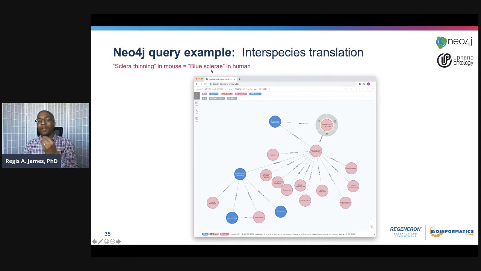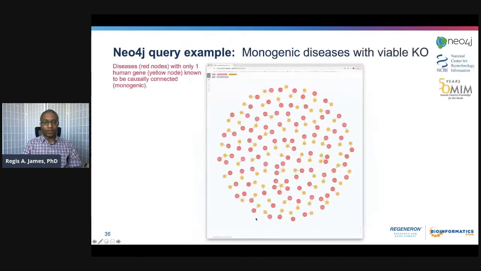So what's seen in human beings suffering from diseases that give them thin sclera is called blue sclera in the disease circles of people who study and are familiar with human disease. But when evaluated in non-human mammals, it's called scleral thinning. And so the eupheno ontology has these similarity mappings between blue sclera, scleral thinning, and a whole bunch of other analogous or equivalent ontological terms.